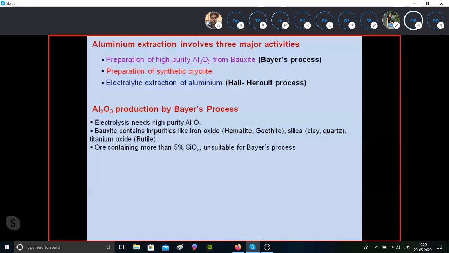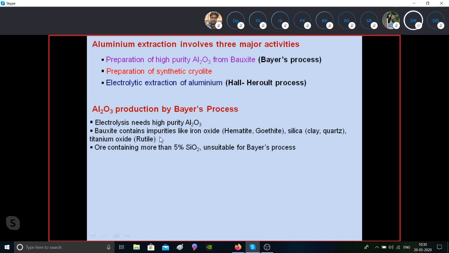Now, in India, there are two types of ore available. One is very high in titanium, 5 to 10%, but low in silica, around 1.5%. Another class of ore is around 5% silica, low in titanium.